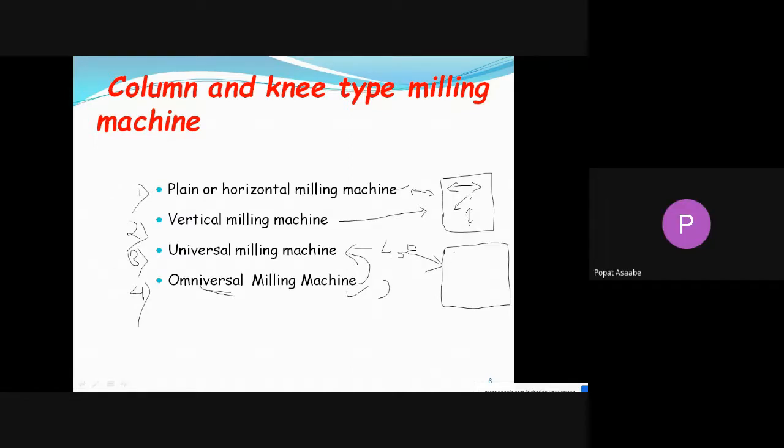The only additional one is that we can swing the work table at 45 degrees. Means in this universal milling machine we can achieve 4 table movements. And what about this Omni universal milling machine? Again here one additional movement is there, that is the swing movement of the knee. So 5 table movements are possible in this milling machine.